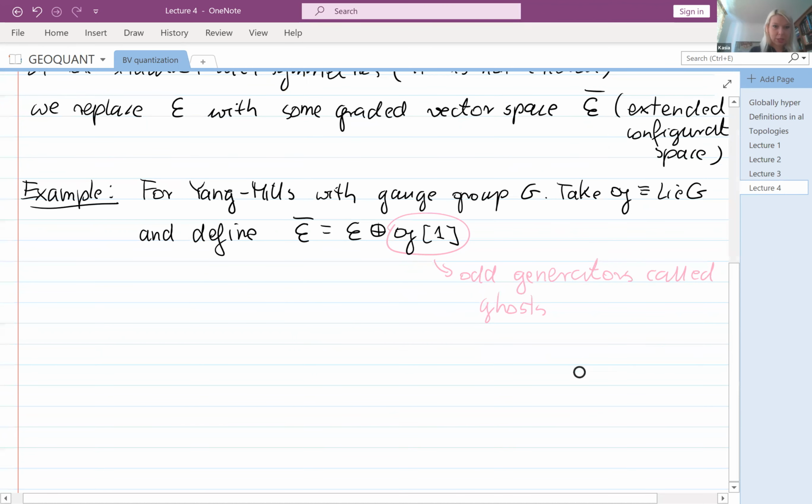And another extension, I extend the Lagrangian to, well, something I would denote Lx.